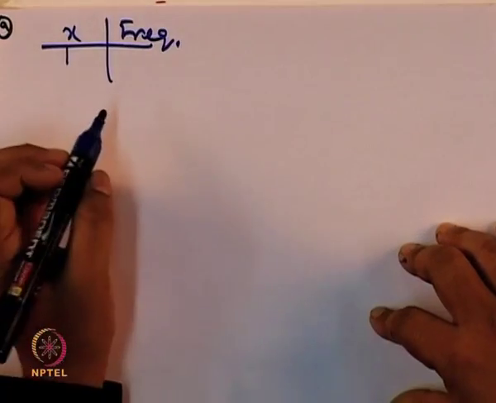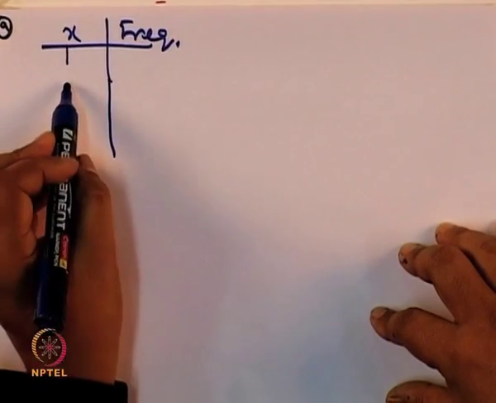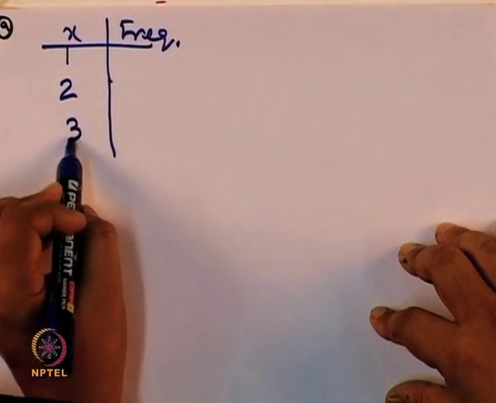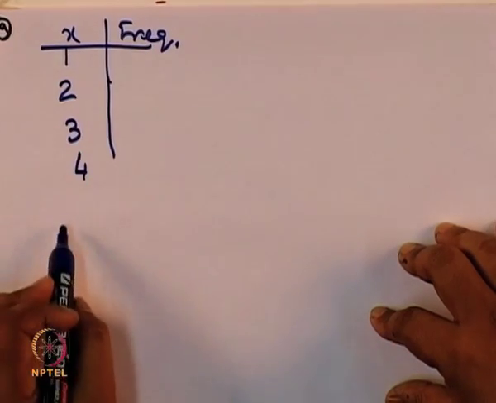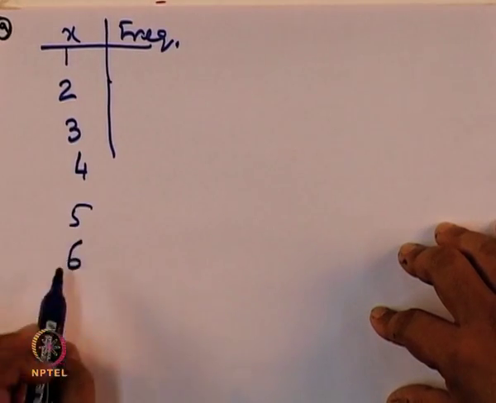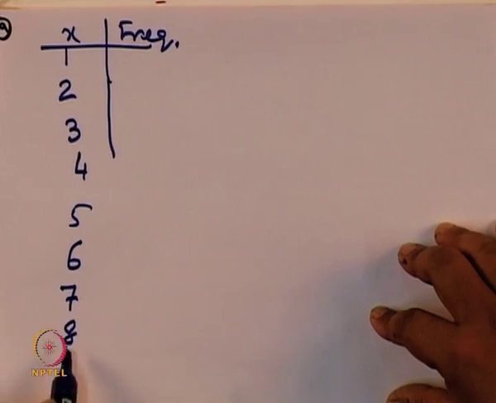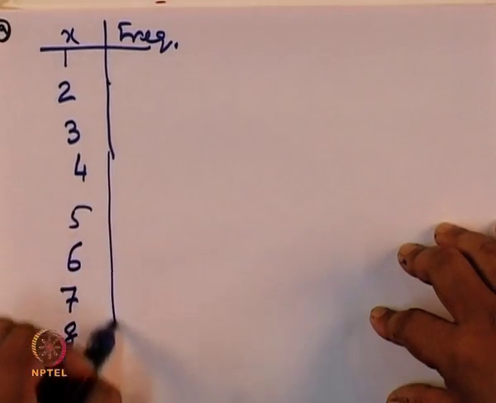Okay. So, number of visits: 1, I have 2, I have 3, I have 4, I have 5, I have 6, I have 7, I have 8, I have 9. Okay.